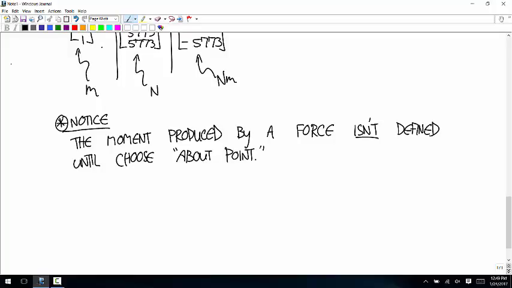Yeah, so that's the way to think. It depends which way you're looking at the axis, but yes, you put your thumb in the direction that the vector is going, and your fingers tell you the direction of rotation around the body. So any force you apply produces a moment once you choose what about point you want.